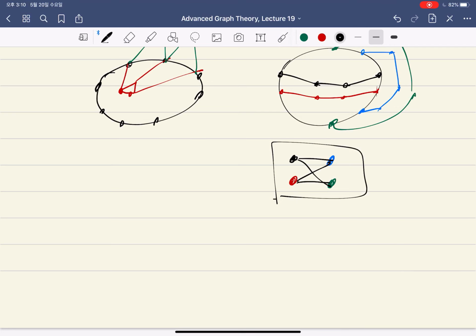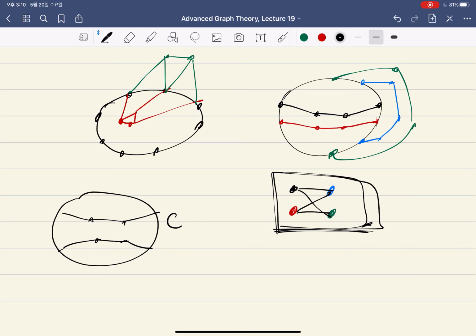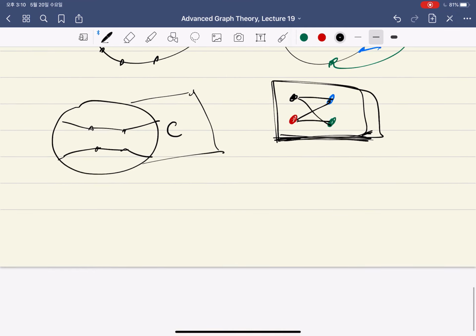Essentially, if we have a planar graph and a certain cycle C and we consider the conflict graph, then all the fragments inside the face have no edges between them. They don't conflict with each other. All the fragments outside don't conflict with each other either. So that means this conflict graph is bipartite.